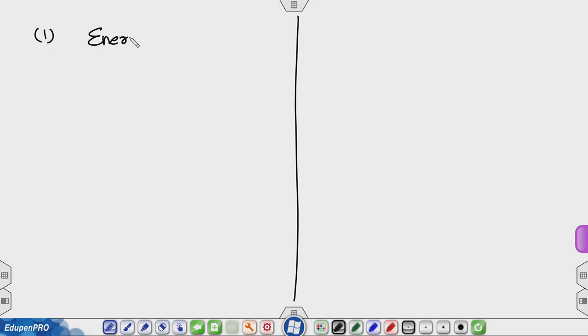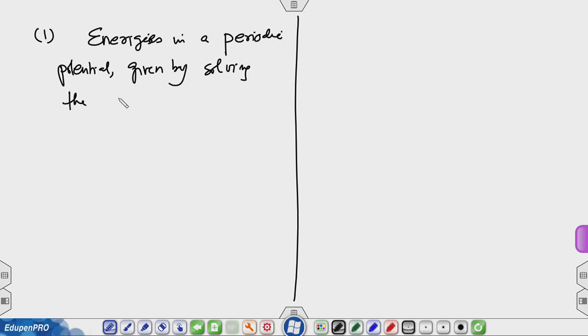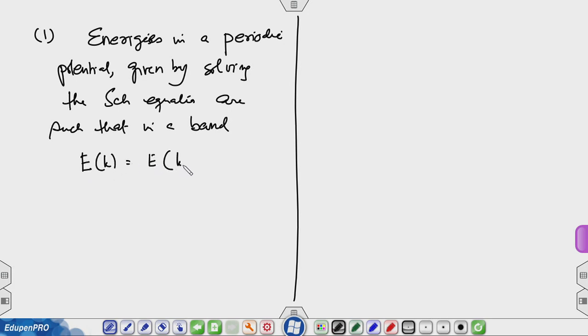Energies in a periodic potential given by solving the Schrodinger equation, such that in a band, and we have already understood that there is a band that develops, E of k equals E of k plus G. So, what we are talking about is that you develop this band and you get energies like this.